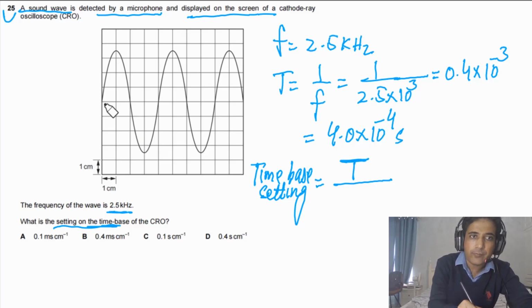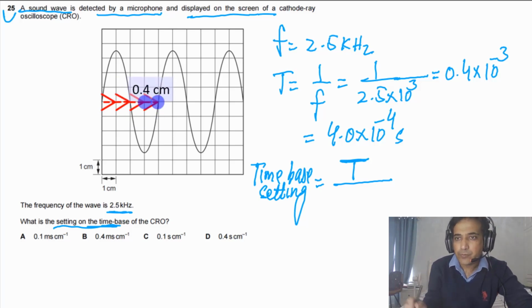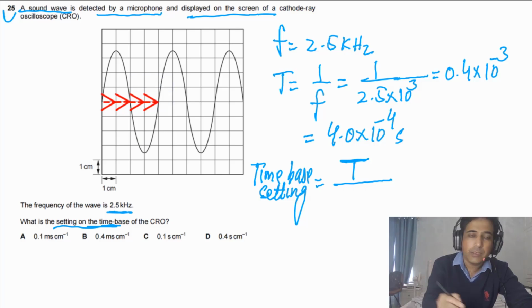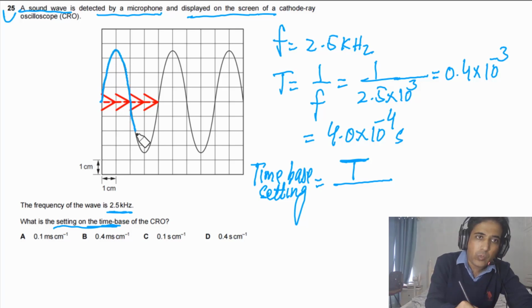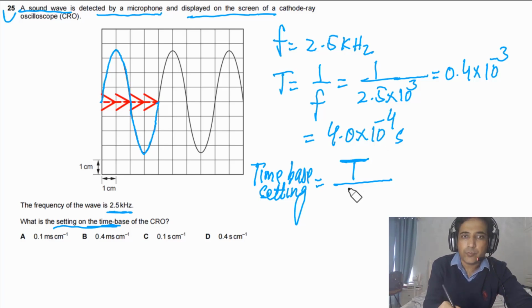So first of all, this is 1 centimeter and we have another centimeter, another centimeter, and another centimeter. So this is the complete wave. So you need to find the length of one complete wave. You can see this wave starts from here. So this is one complete wave, and this is equal to 4 centimeters.